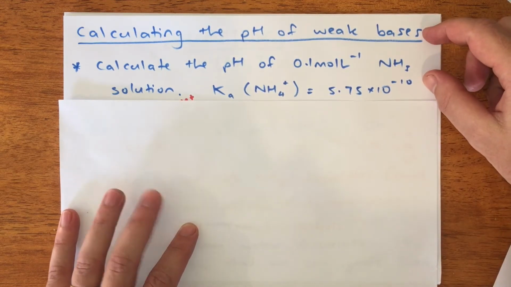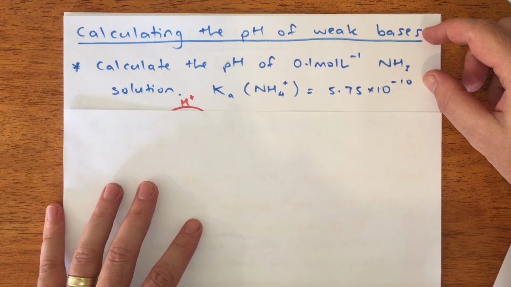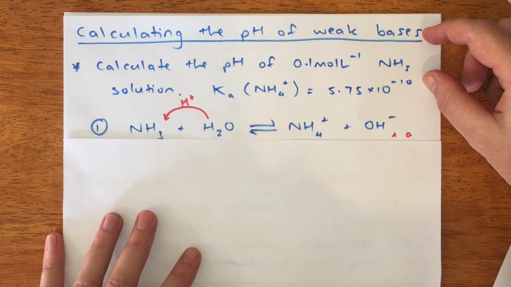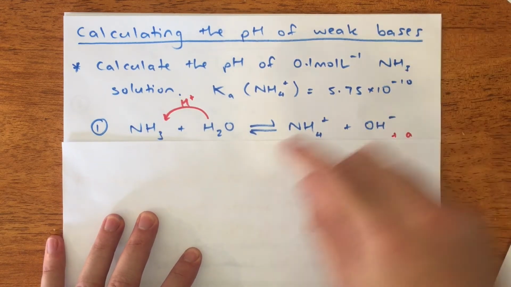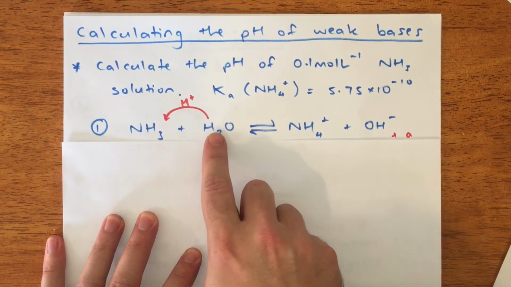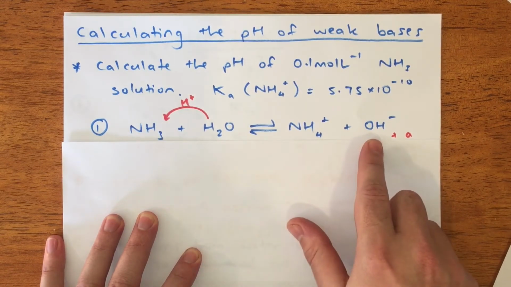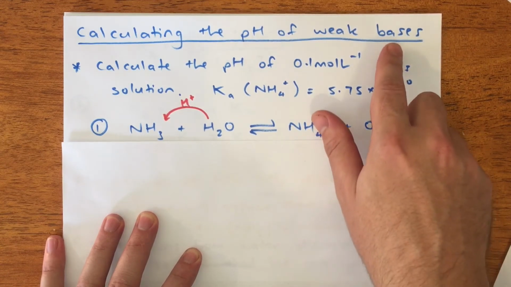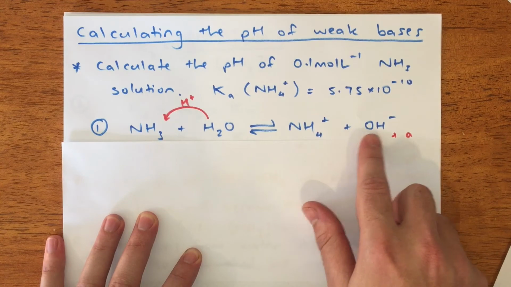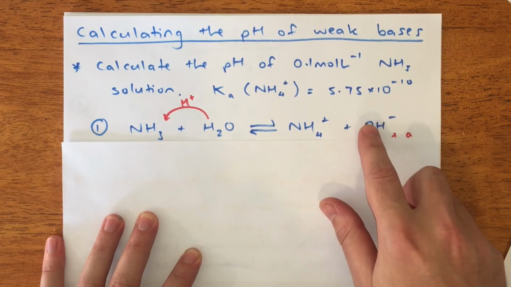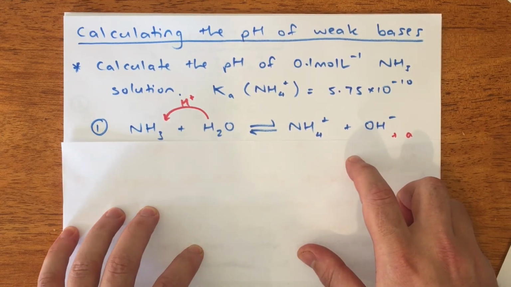The first step is to write an equation showing the substance in water. So there's my NH3 in water acting as a base. It's receiving an H+, it's forming ammonium and hydroxide. It's always a good check to make sure that if you are dealing with a basic solution, it is producing OH- in solution.